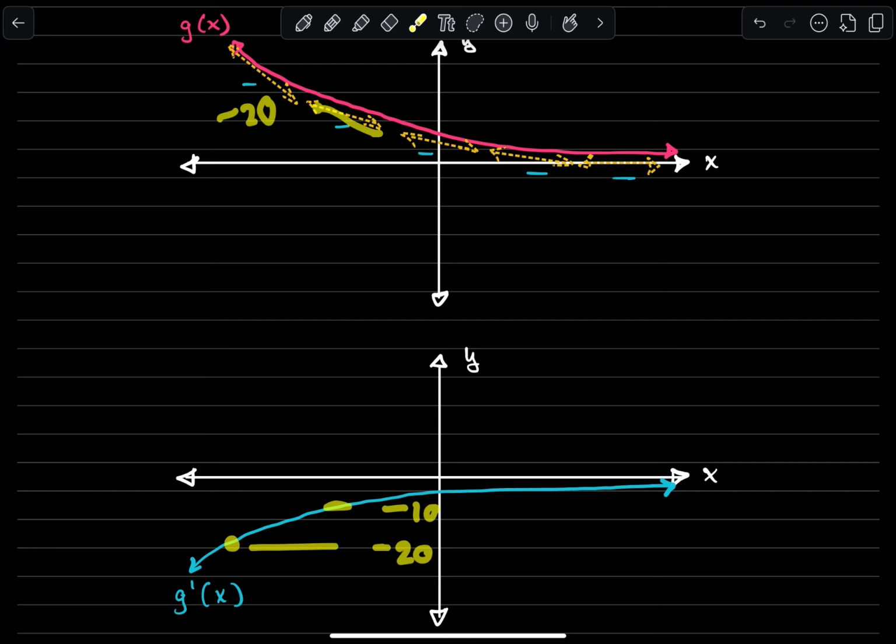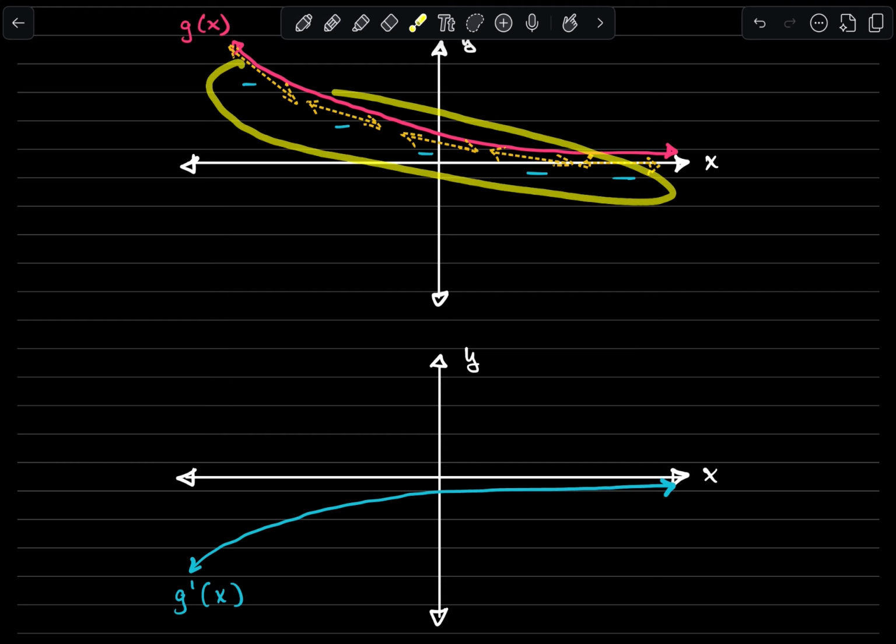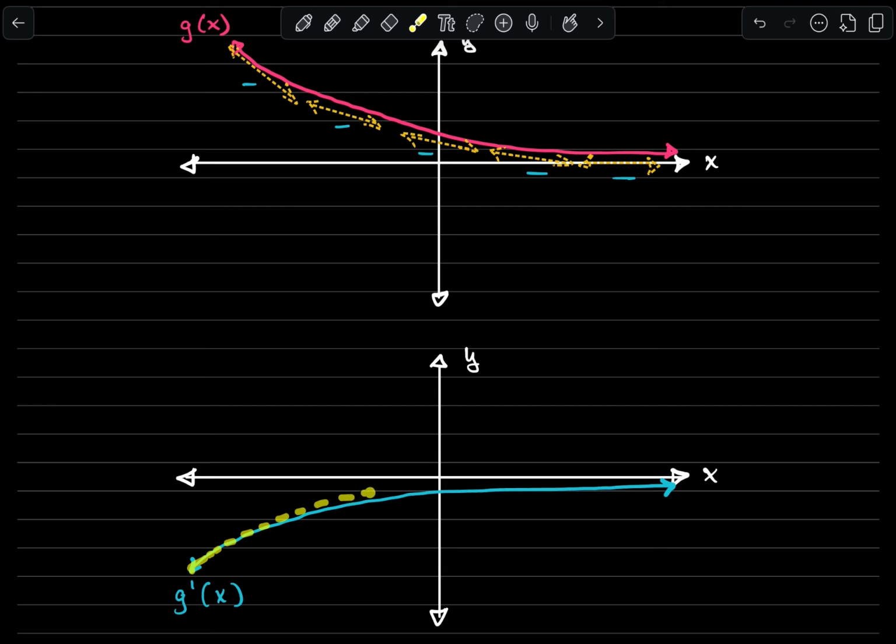And then by this point, maybe it's flattened out in a -10. And so on and so forth, right? So these slopes, this value here is essentially just the slopes that you see here. So the slopes are getting from a very negative value to closer and closer and closer to 0. Okay, and that's what this graph reflects.